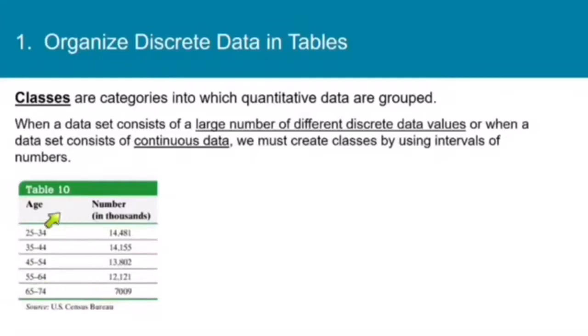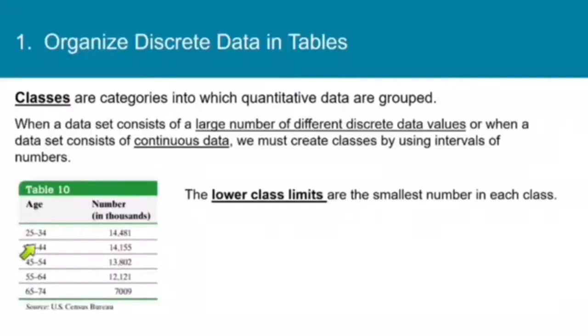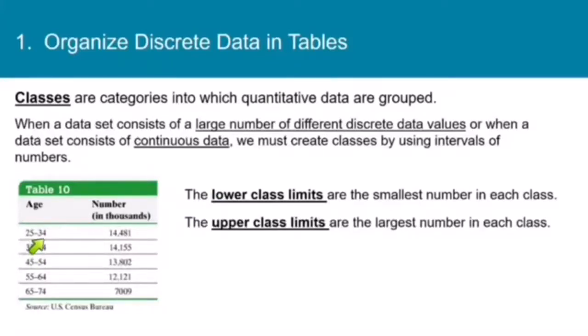So here you see a frequency distribution where the classes are not just a single value. When you have classes like this that include a range of numbers, the left number is called the lower class limit. So the lower class limits are the smallest number in each class, and the upper class limits are the largest number in each class.